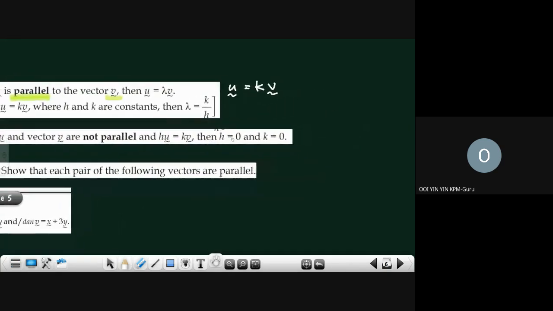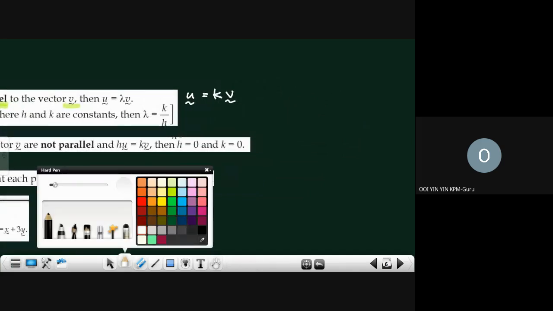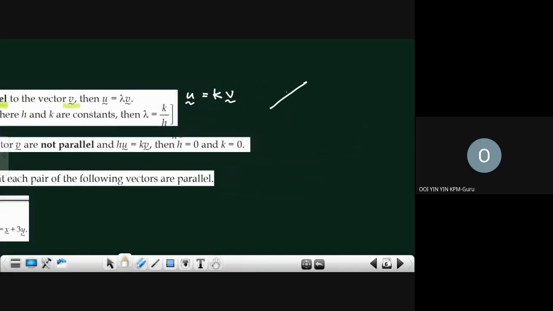Okay, then what is the meaning here? I need to explain this. Okay, the meaning is that if you have one vector, let's say u, and then you have another vector, the magnitude may not be the same, but they are parallel. Okay, let's say this is labeled as u, right, lambda. Okay, this is another vector, we can label as v. Just now this one is u.